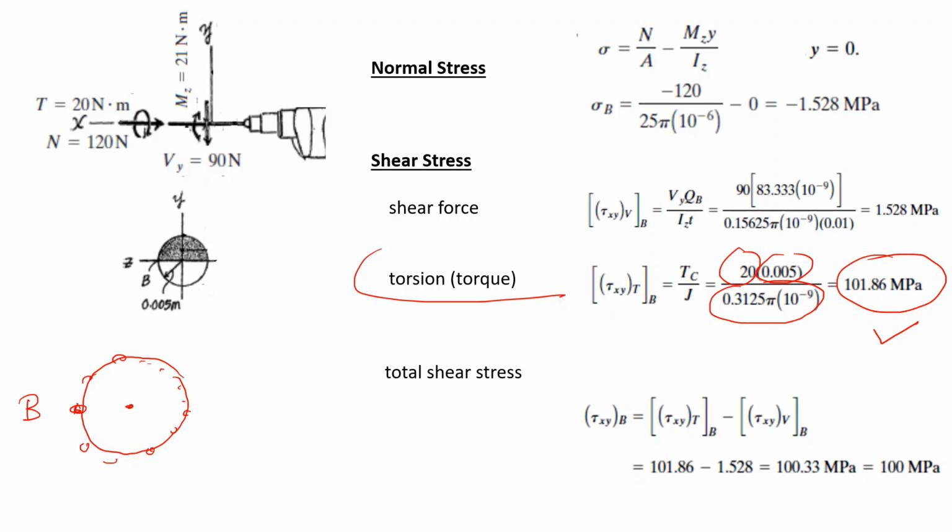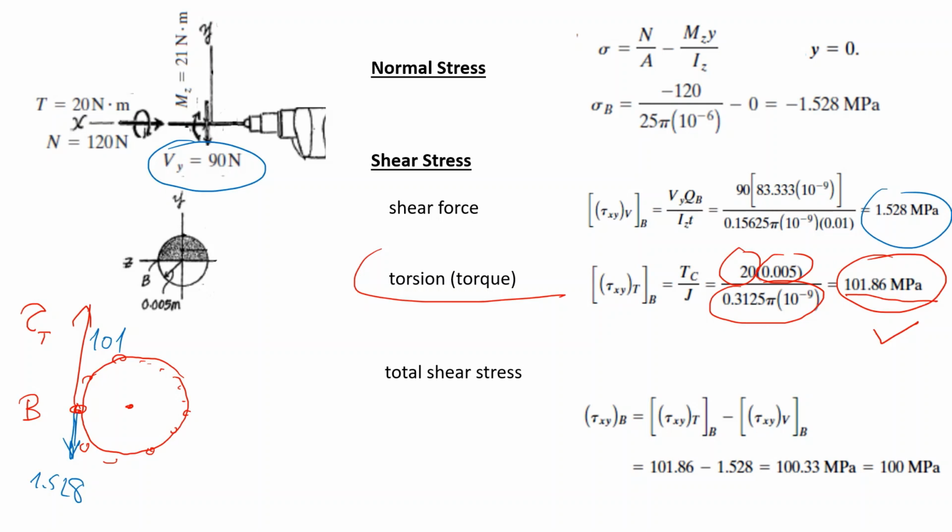Okay, I have 101.89 as a tau due to torque, and as you see over here, my shear stress due to the shear force was in the opposite direction, so that's 101, and that one is 1.528.